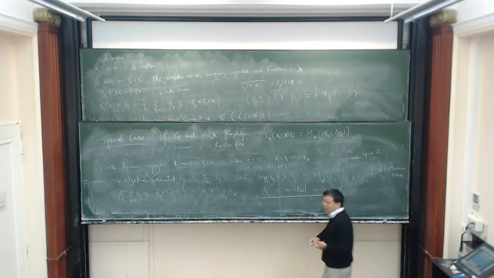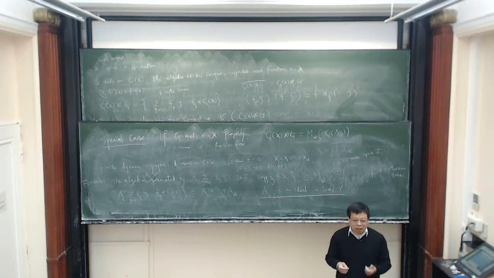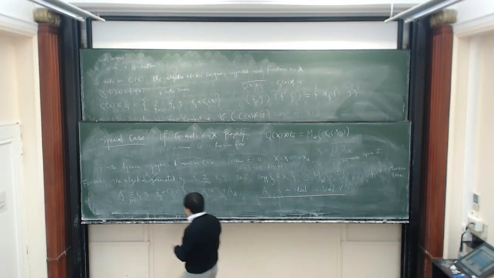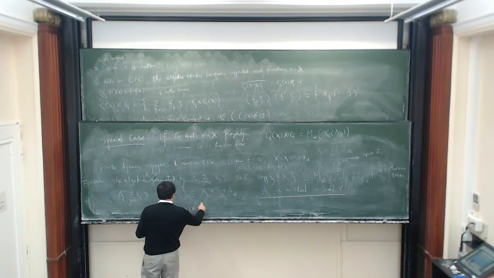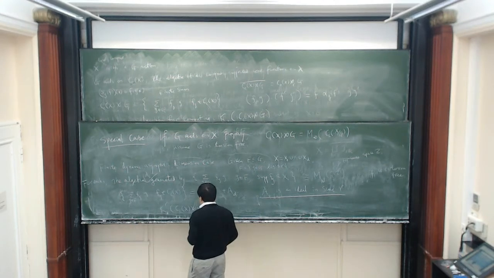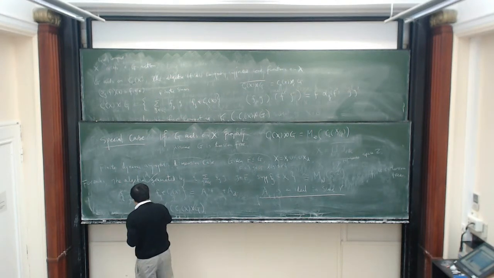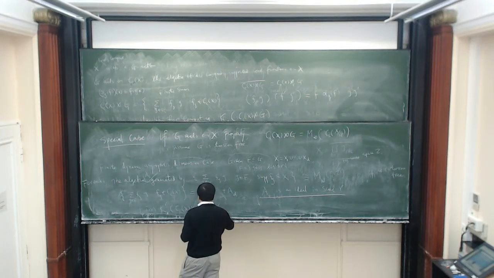But it turns out this structure is good enough, not for the usual K-theory, but for the controlled K-theory. So for each scale, you can introduce some controlled K-theory. The good thing about this controlled K-theory is that when R is going to infinity, it just gives you the usual K-theory.